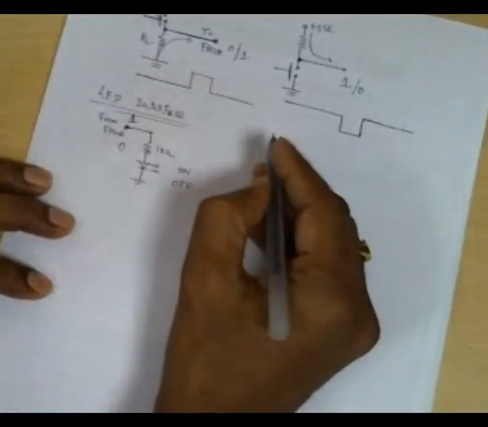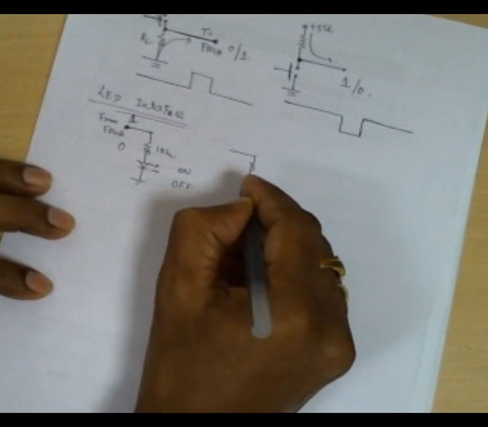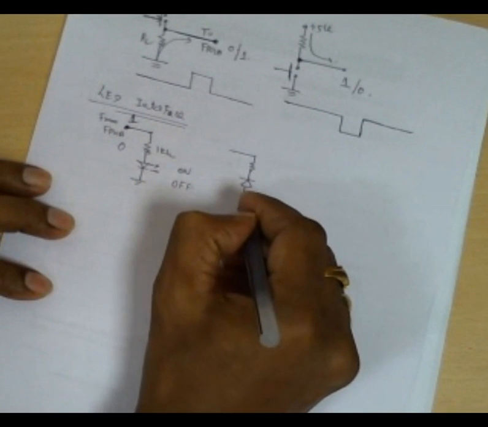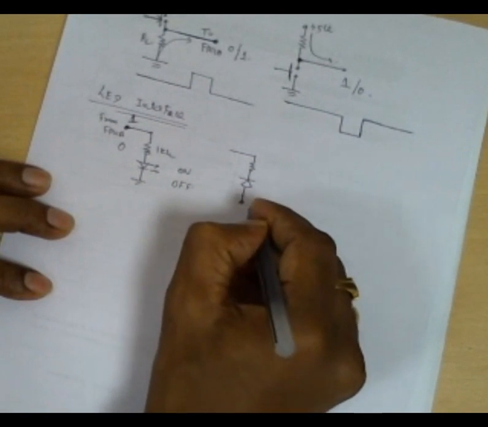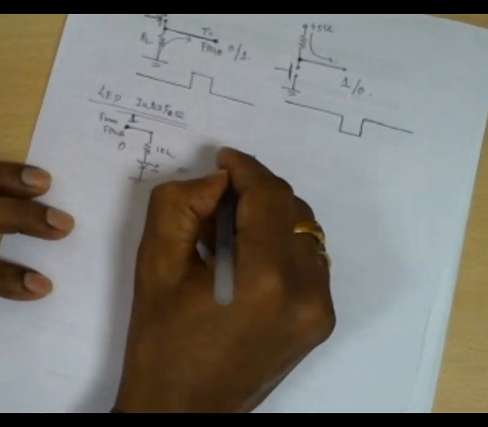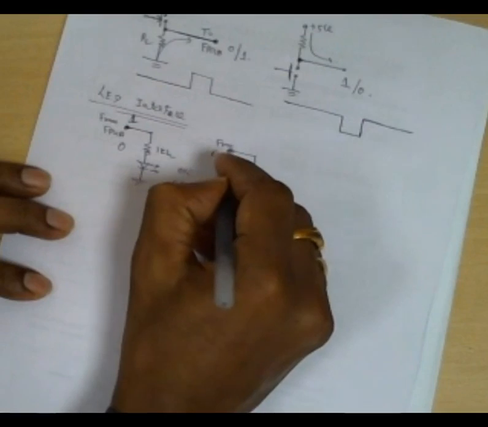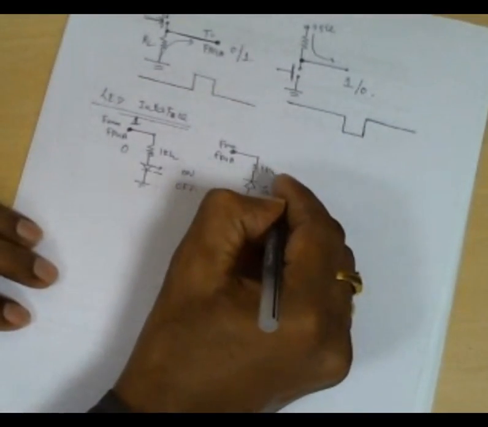Then, alternatively, another connection, again coming from the FPGA. Suppose you connect something like this, 5 volts, this is the LED. Now from the FPGA, again this is 1 kilo ohm, for example.